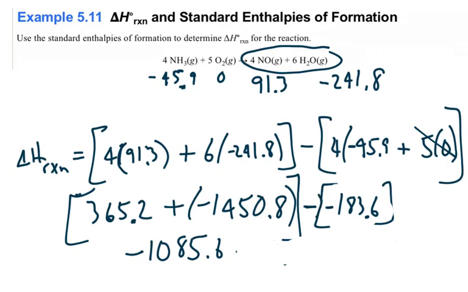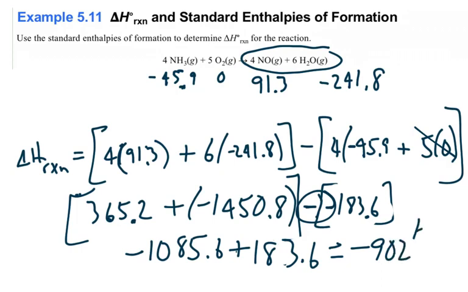Okay, so this will end up becoming plus 183.6. So let me go ahead and redo this. Negative 1085.6 plus 183.6, and now we got it, negative 902 kilojoules per mole.